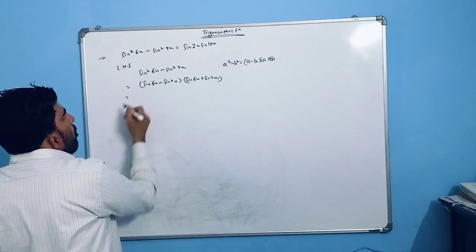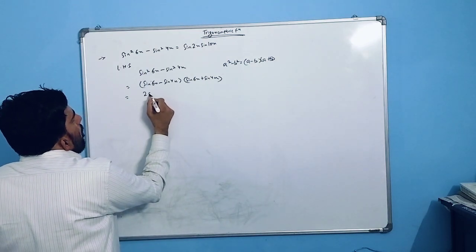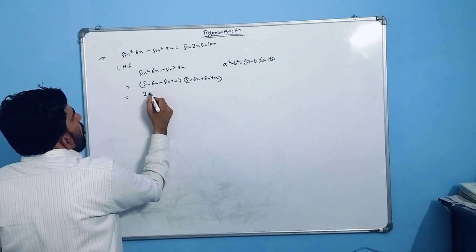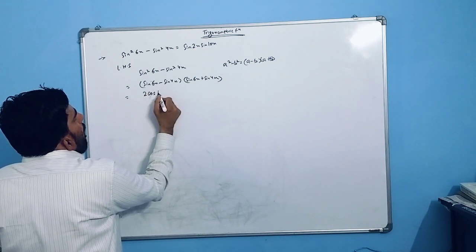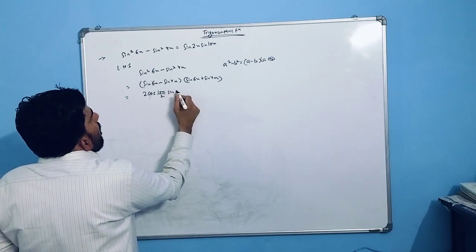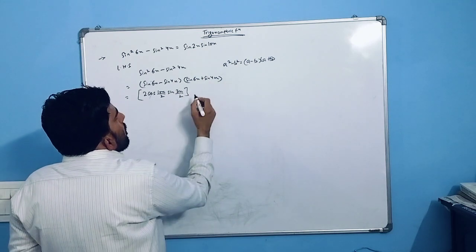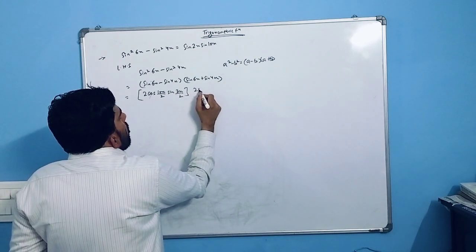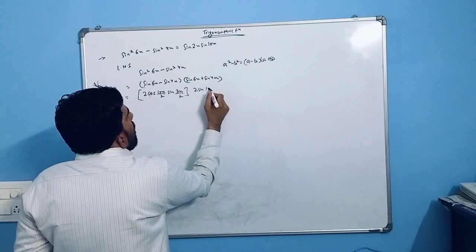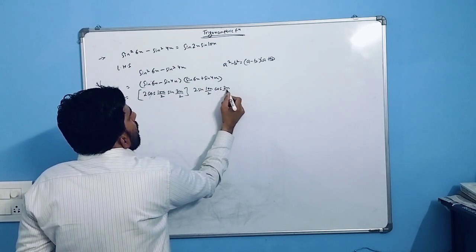Okay, now what identity am I using here? Sin x minus sin y is 2 cos x plus y by 2 sin x minus y by 2. Similarly, sin x plus sin y is 2 sin x plus y by 2 and cos x minus y by 2. Okay.